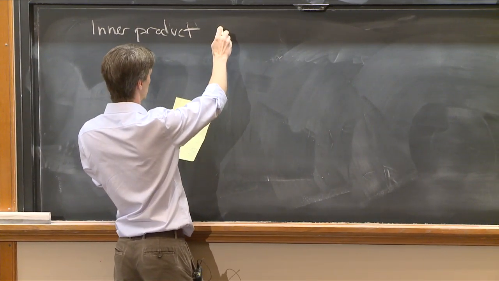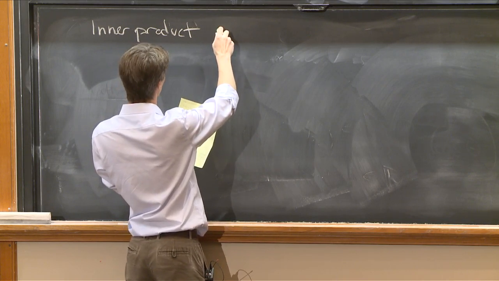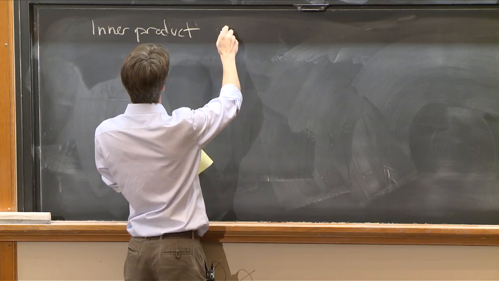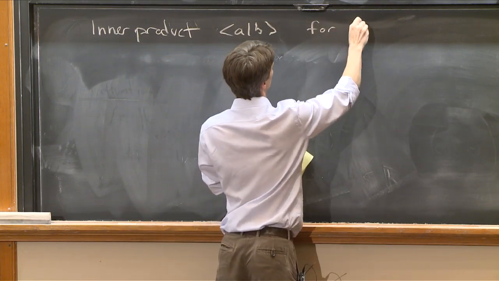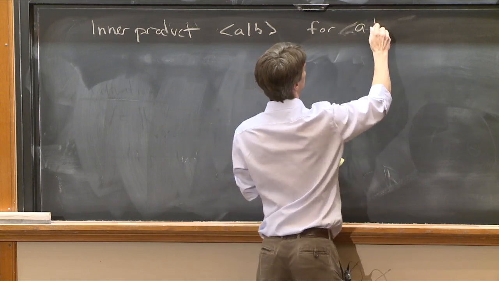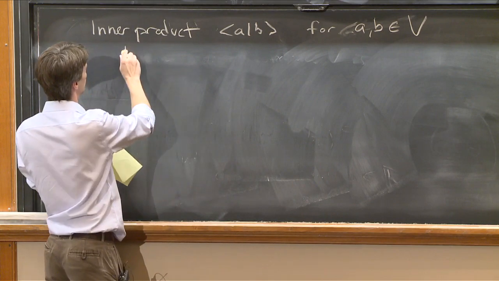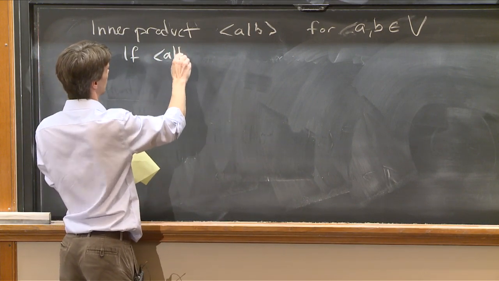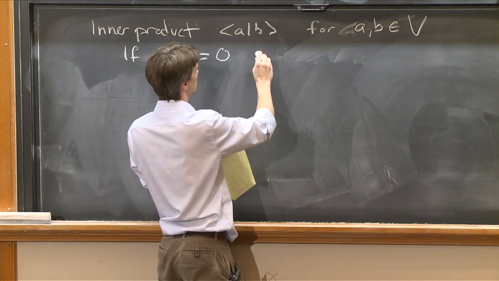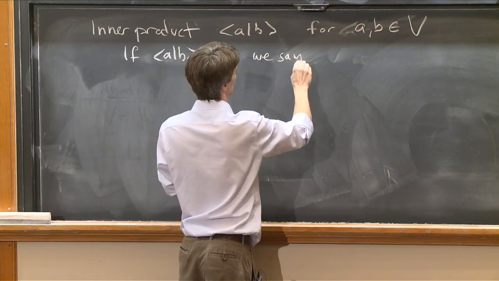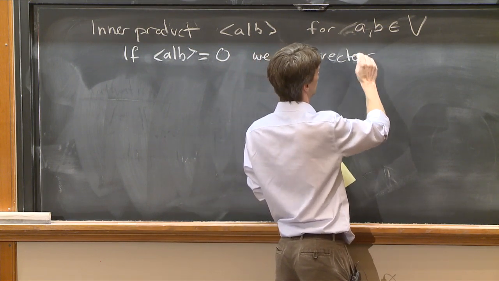So if we have the inner product of A, B for A and B in some vector space V, then if this is 0, we say the vectors A and B are orthogonal.